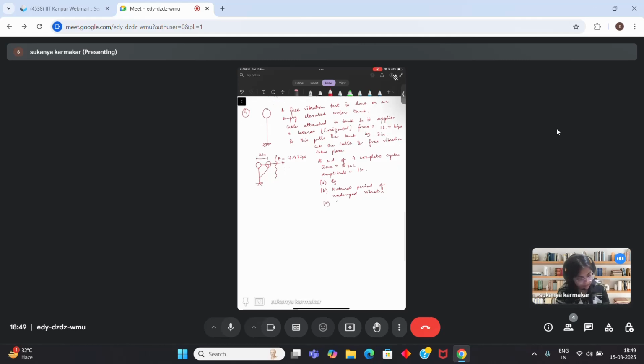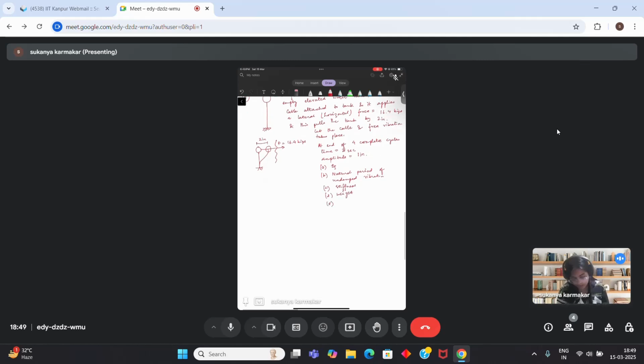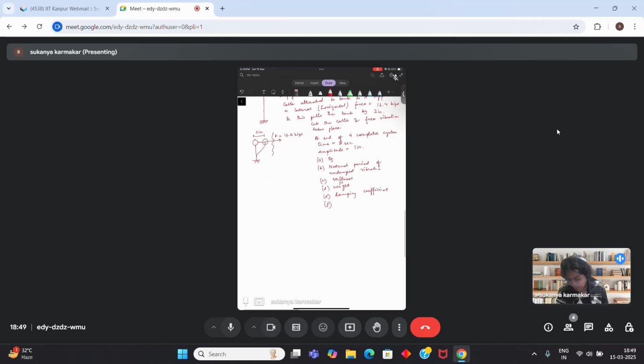Then C is stiffness, D is weight, E is damping coefficient, F is number of cycles required for displacement amplitude to decrease to 0.2 inch.